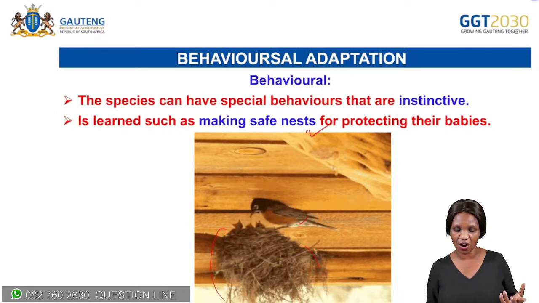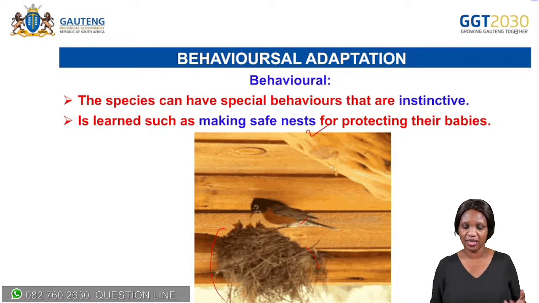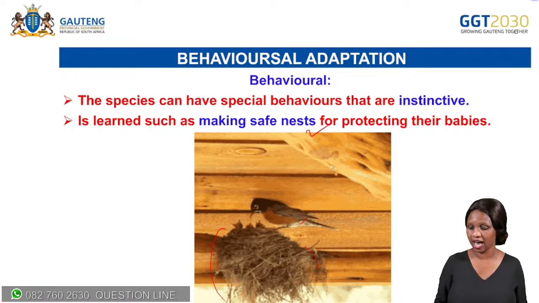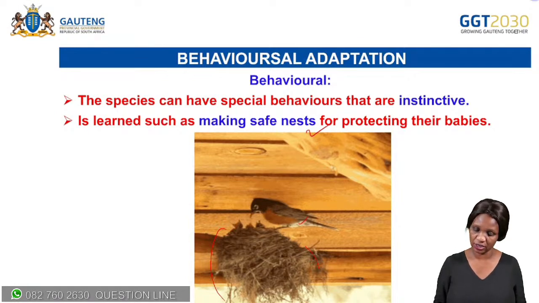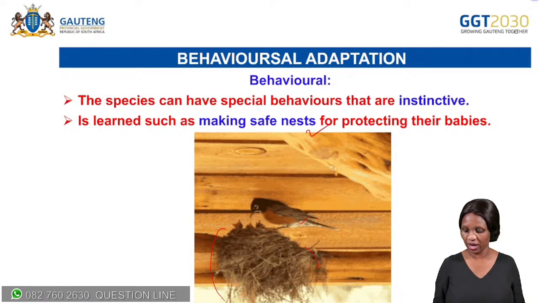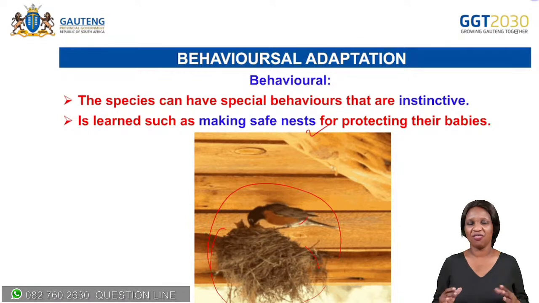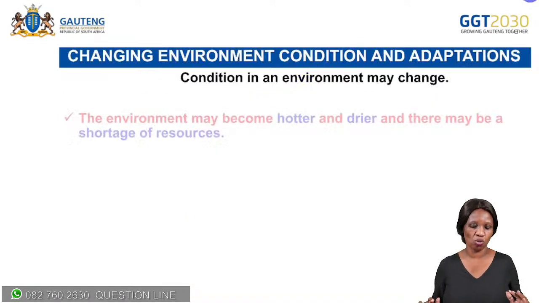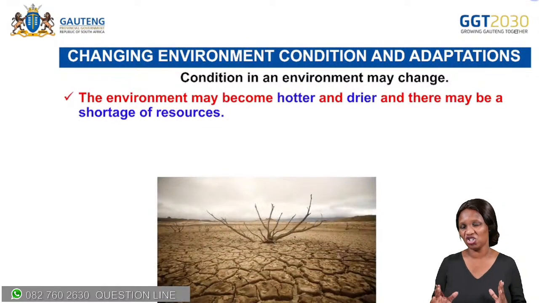Conditions in an environment may change. For example, number 1, the environment may become hotter and drier, and there may be a shortage of what? Of resources. For example, let's look at this picture here. It's a land that is dry. There is no vegetation at all. We can only see dry trees.